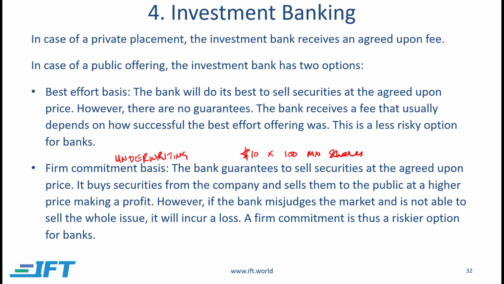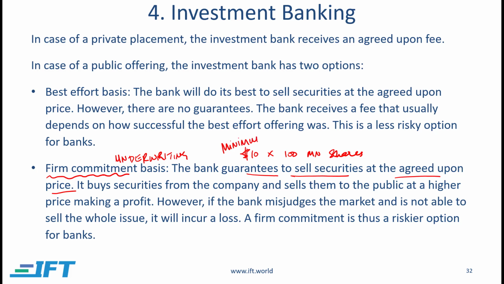They need their capital expenditure to be there so that they can buy the new piece of land, buy the new piece of machinery that they're planning, and so on and so forth. So obviously the company would like this, that the investment bank gives them a firm commitment that yes, don't worry, we are guaranteeing to sell these securities at an agreed upon price, which is the minimum. This will be the minimum.